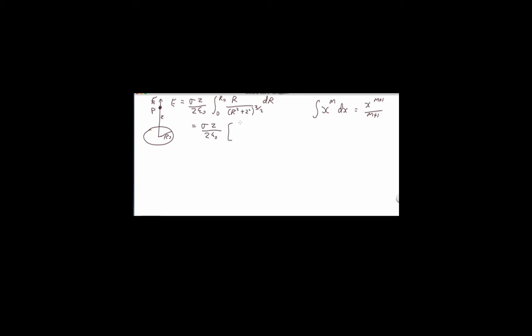And now we have our z squared plus r squared to the minus a half, we raised that power by 1, divided by minus a half, and we have to take that for R0 and subtract it for naught, and that gives us sigma over 2 epsilon naught times 1 minus z over the square root of z squared plus R0 squared.